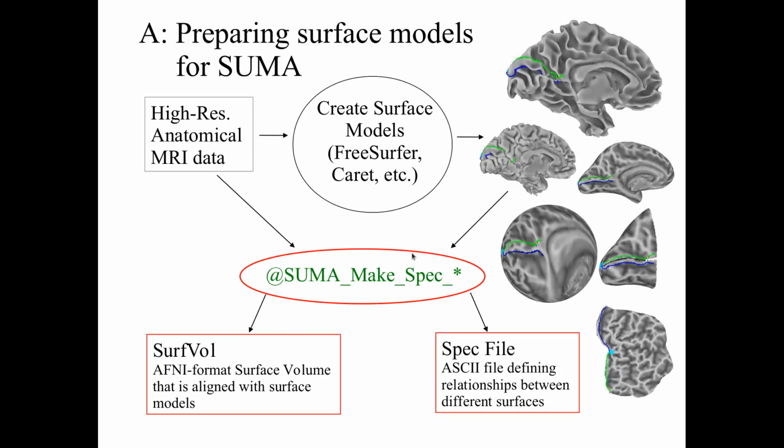By usable, we just mean standard things like NIfTI data sets for the volumes and GIFTI data sets for the surfaces. @SUMA_Make_Spec does pop out a surface volume, in AFNI format or NIfTI format, aligned with the surface models, and a specification file, or spec file, that defines the relationship between different surfaces. We'll see this family of surfaces, basically different ways of viewing the same set of nodes in space. There are also the parcellation files, both volumetric and surface, and we'll take a look at those.